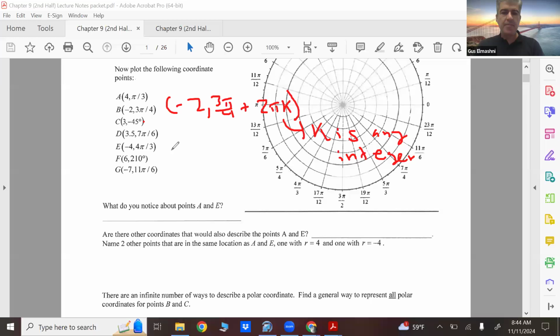Or for C, you can say 3 comma negative 45 degrees plus 360k, if you're doing it in degrees, right? Where k is any integer. You can do that too. That's a possibility. Or you can also do negative counterparts, but then you also have to change angles as well.